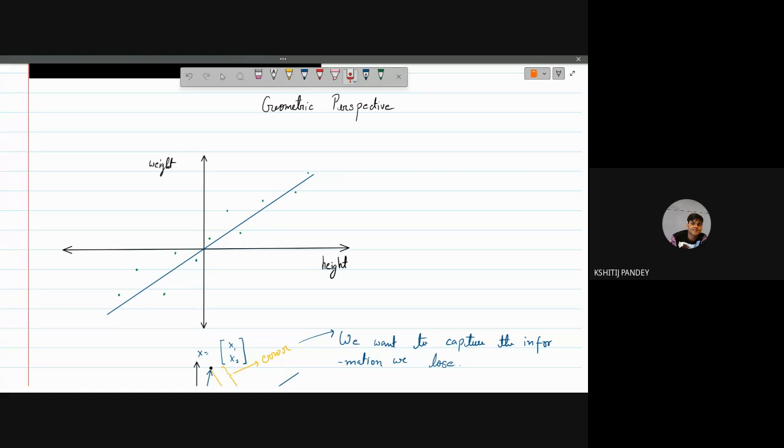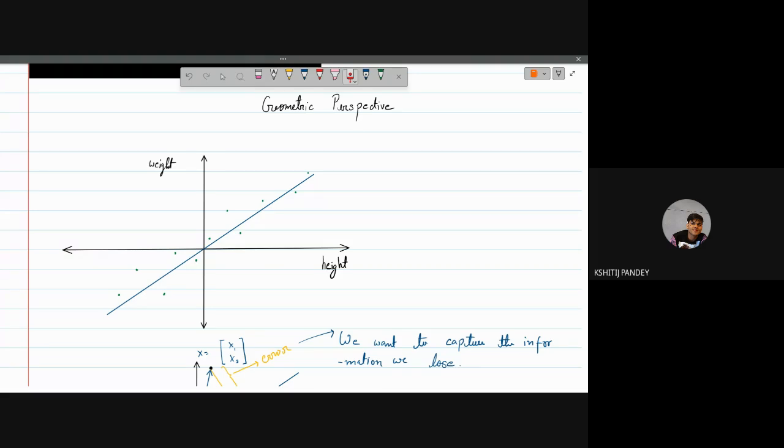This is the projection for this point, and this is the projection for this point. If you add these two vectors, you will get back the original. So with this method, you are doing the opposite of compression, right?